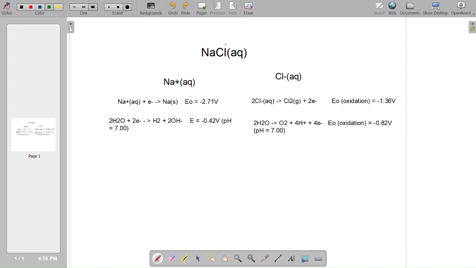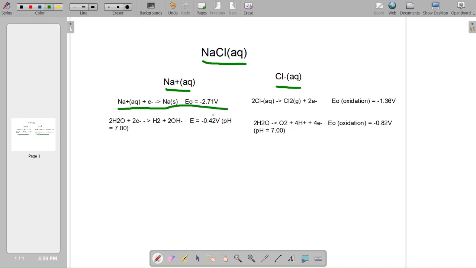Let's say you have NaCl aqueous, and you perform electrolysis on it. What is NaCl aqueous? It's made of ions, Na plus aqueous and Cl minus aqueous. So let's look at Na plus first. You might immediately think that Na plus is going to be the one that's reduced, because that's the cation, and the cation gets reduced to the solid form.